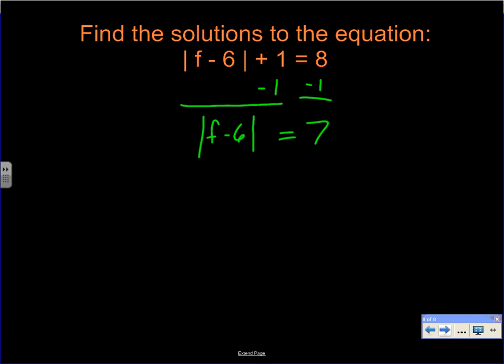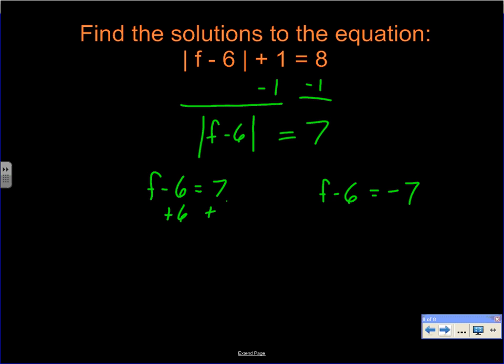The absolute value of F minus 6 is equal to 7. So we know that whatever is in the absolute value, it must equal positive 7, and it must equal a negative 7.